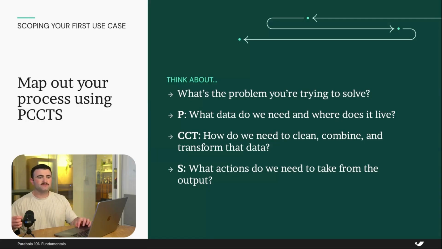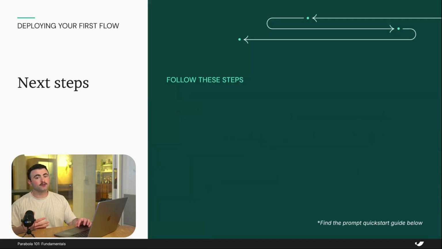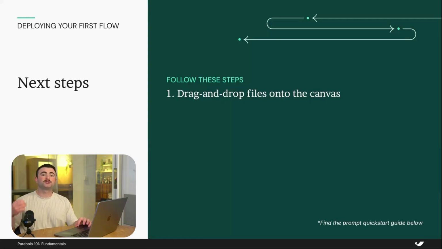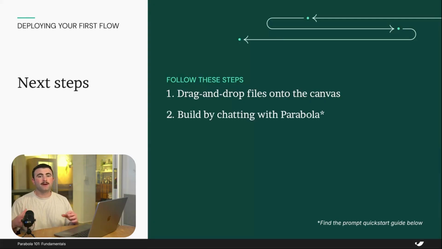And to make this even more actionable, after you wrap up this lesson, I'd encourage you to drag and drop a file onto a new flow, and then build by chatting with Parabola. If you scroll down on this page, you're going to see that we took the questions from the previous slide and turned it into a template to make it really fast and easy for you to get your thoughts into words and start building in Parabola.